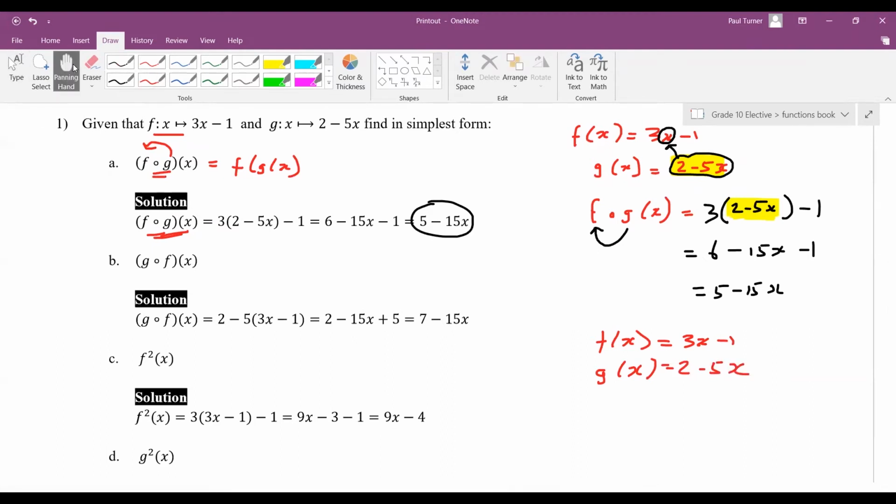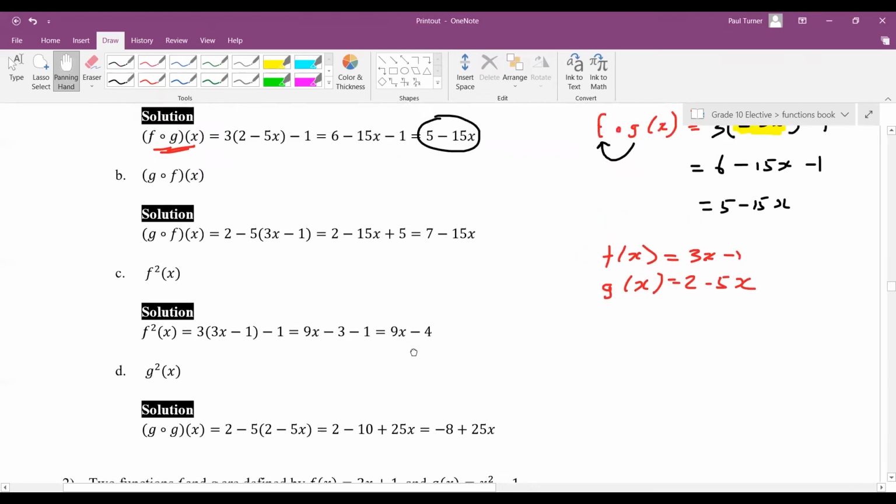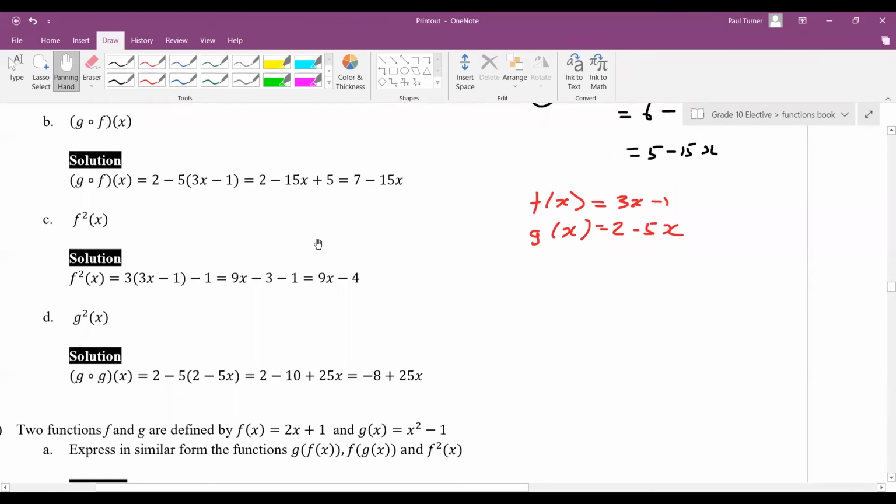All right. But every question is done the same way. They're all done the same way using this method. So in this case, we want to find g of f. So we're putting f inside g now.